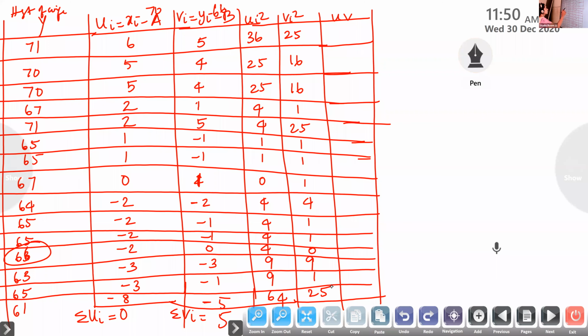Then find out what is u into v: 30, 20, 20, 2, 10, minus 1, minus 1, 0, 4, 2, 2, 0, 9, 3, 40.